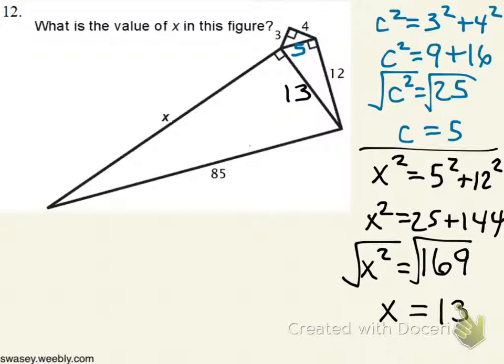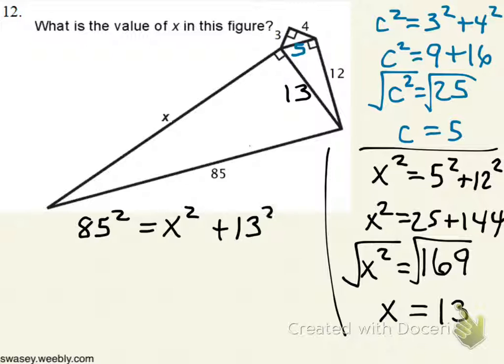Now we can do the Pythagorean Theorem again. This time we know the hypotenuse. Oh, I shouldn't have used x, I guess, but sorry about that. So 85 is our hypotenuse, and then one of the legs is labeled as x, the other one is 13.